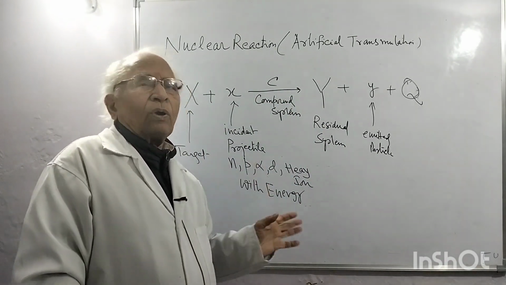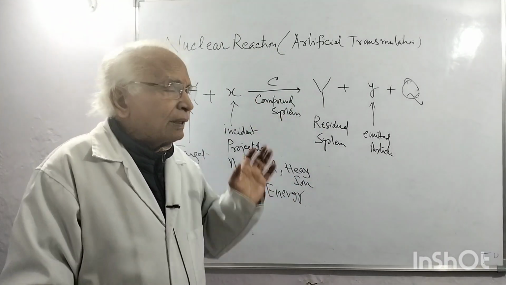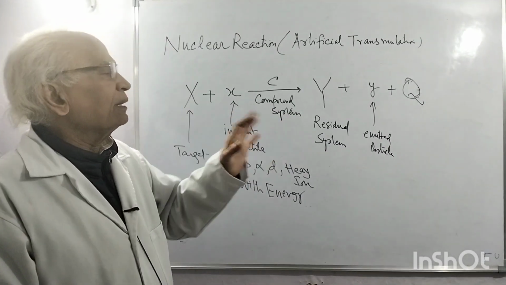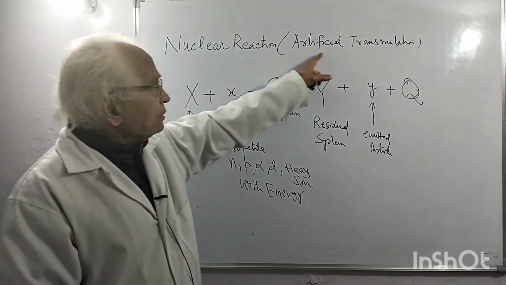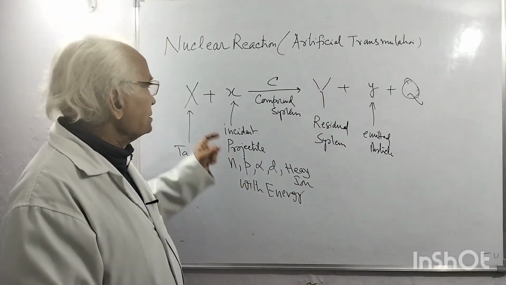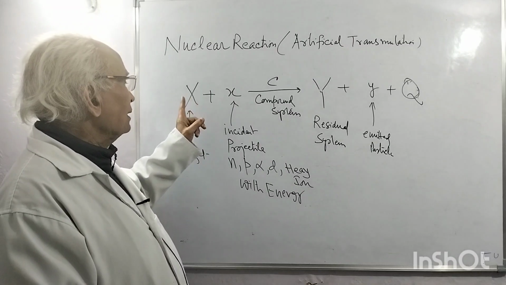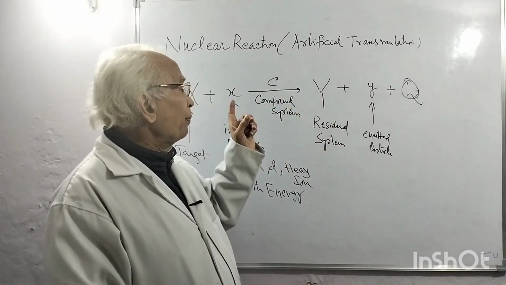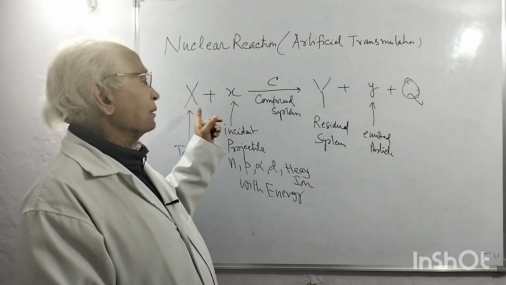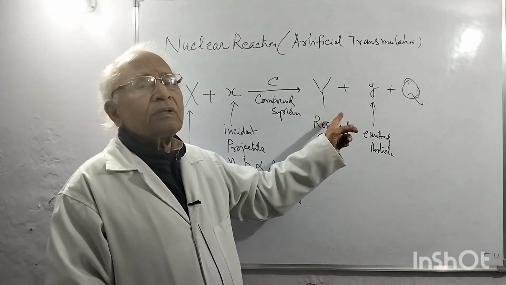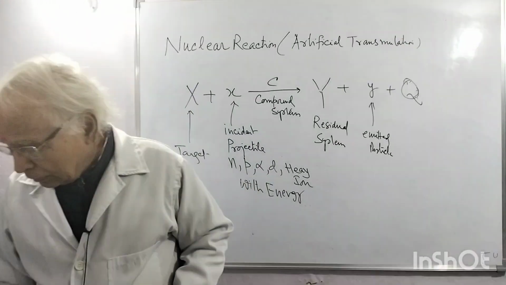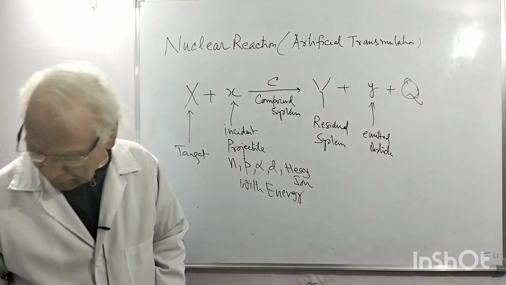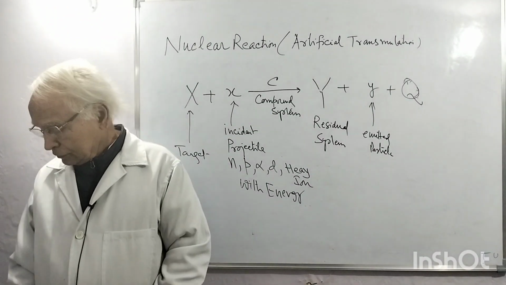Earlier people thought it could be done, but it is very difficult, so people left that. But this artificial transformation, conversion of element X into a new element by selecting a proper projectile and proper target to get the residual system Y, is known as artificial transmutation, and it is also called a nuclear reaction.